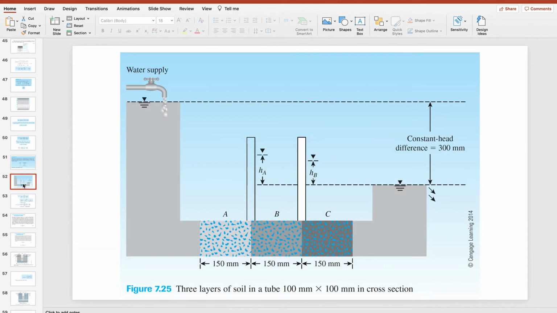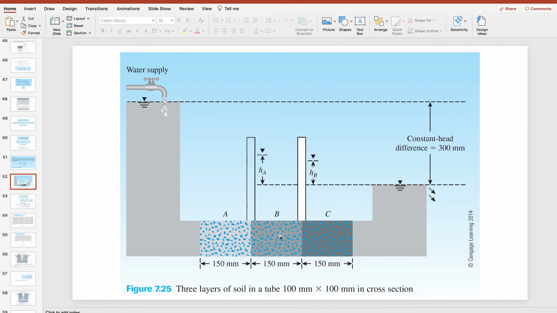So this is it. So each layer is 150 mm thick. Okay? So how will the flow of water be? So the flow of water would be from this point going to this point. Okay? Going here. And we should maintain a constant head difference of 300 mm.